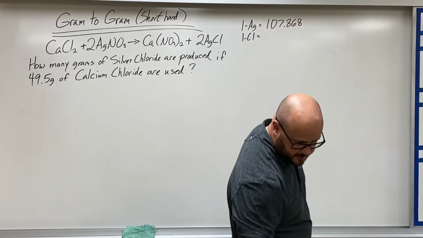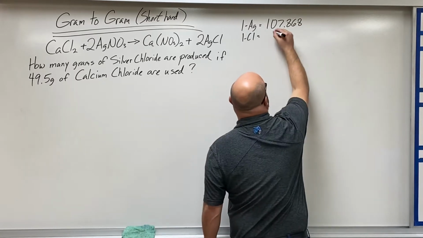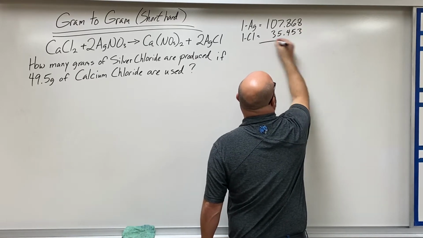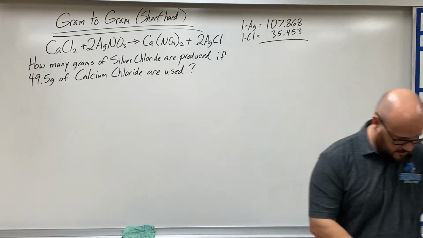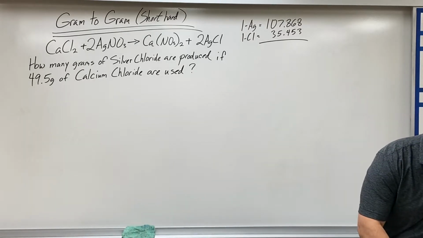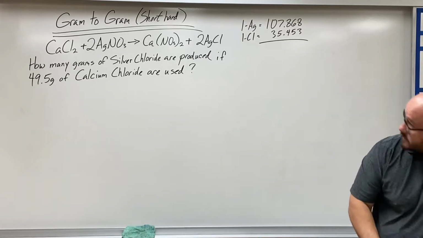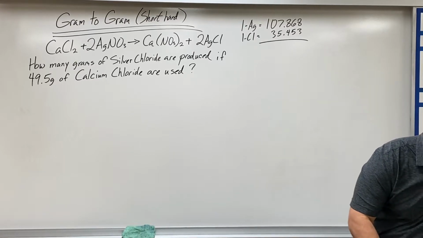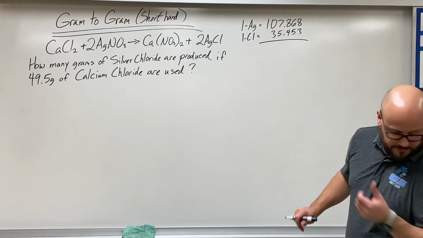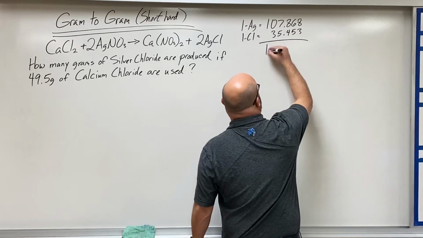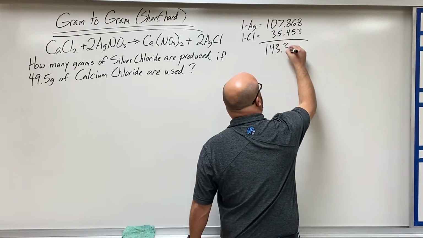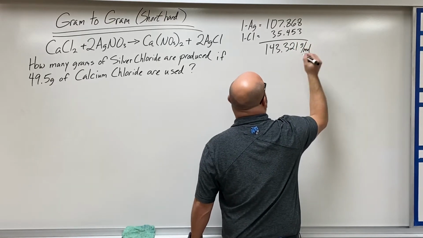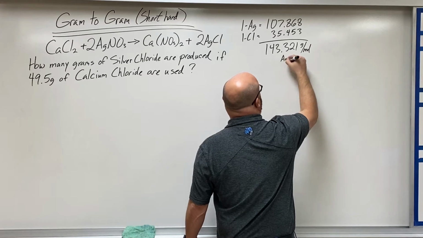And chlorine is 35.453. Add those together. 143.321 grams per mole, and that's AgCl.